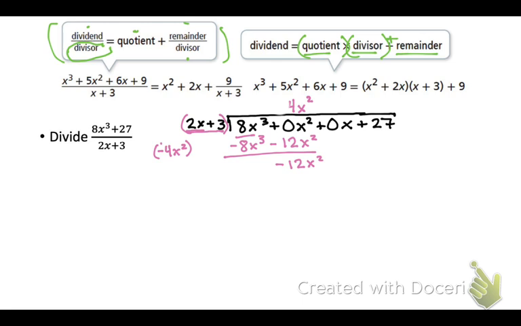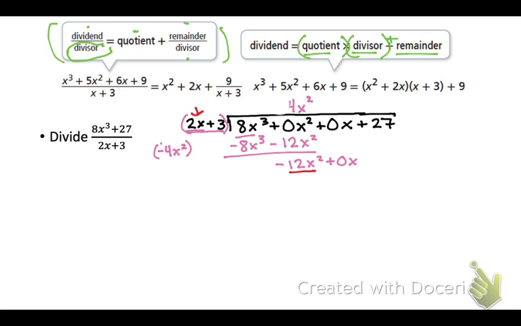So I bring down. Now, other people also will tell you to bring everything down. Well, there's no point to bring everything down because are you going to use everything? No, you're only using how many terms? 2. If I had a trinomial, I would need how many? 3. Get it?